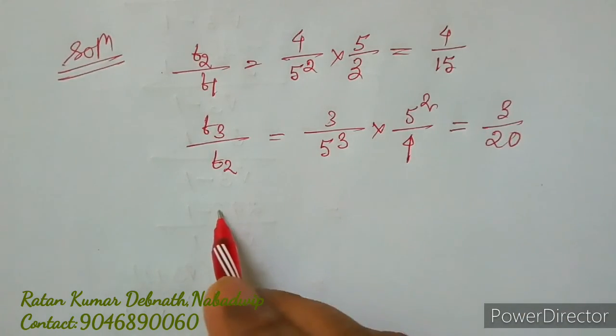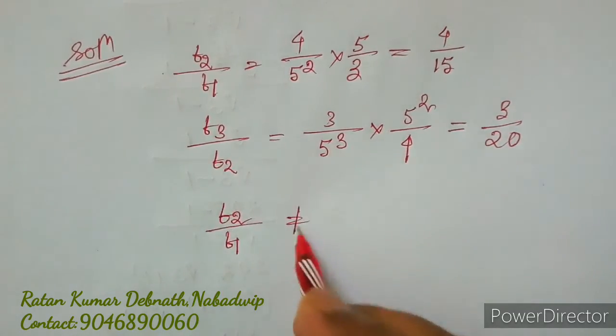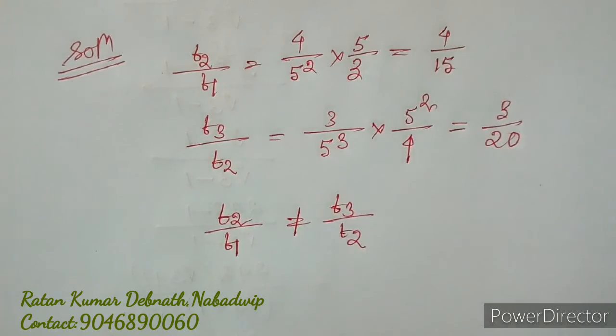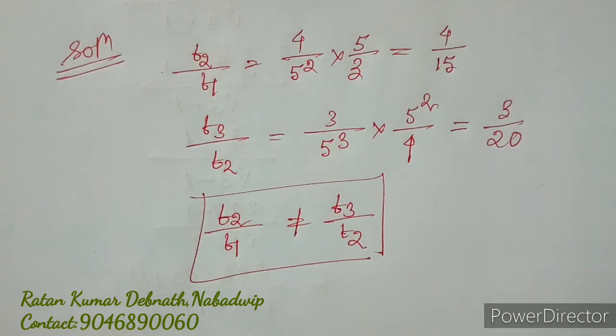That is, T2 by T1 is not equal to T3 by T2, so we can't say this series is in GP.